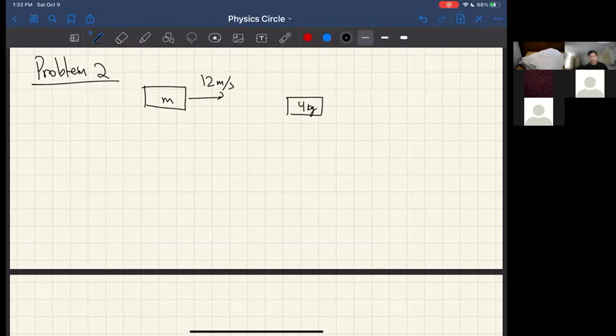And these guys collide. They collide elastically. Now, technically, I don't know if we've gone over energy or not, but hopefully you all know what elastic collision means. It means that the kinetic energy is also conserved.